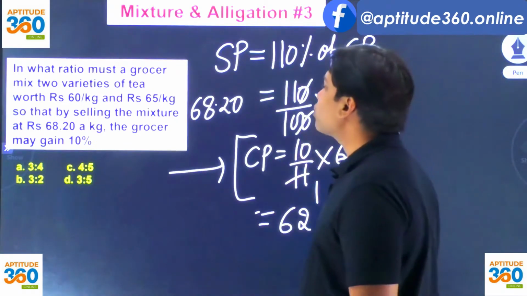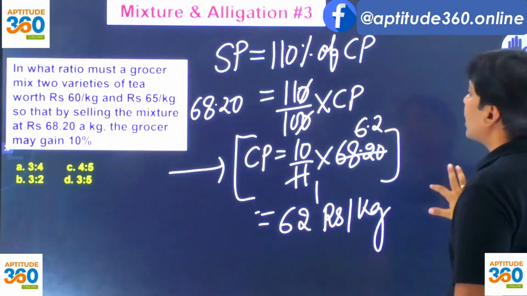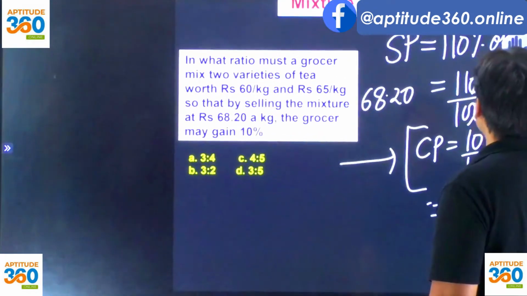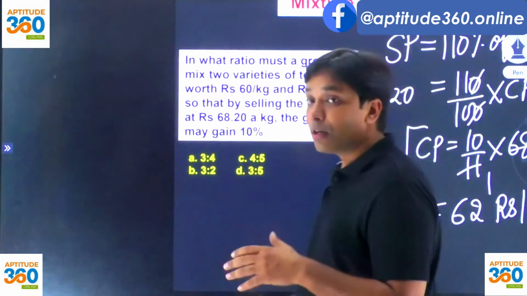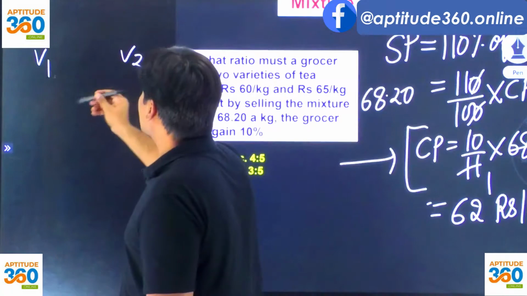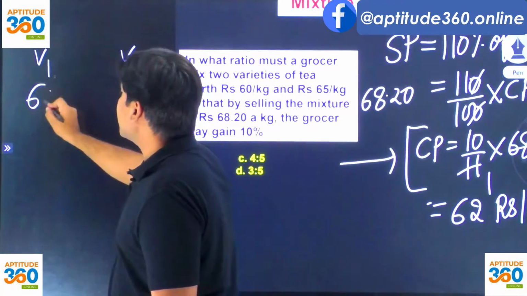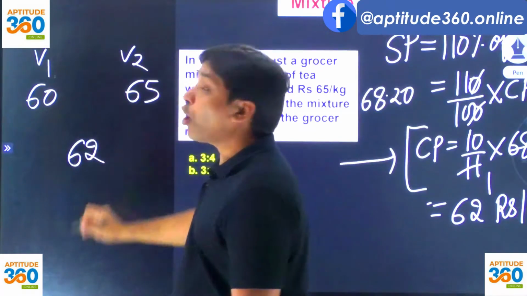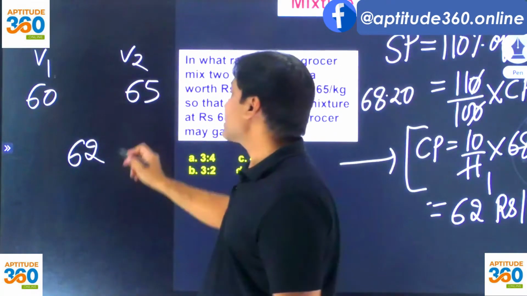अब आपके पास में दो वैल्यूज दे के रखा हुआ है. वो क्या दे के रखा हुआ है? यहाँ पे दे के रखा हुआ है cost price of say variety 1 and variety 2. So cost price of variety 1 is 60, cost price of variety 2 is 65, and cost price of the mixture, now you understand, is 62.